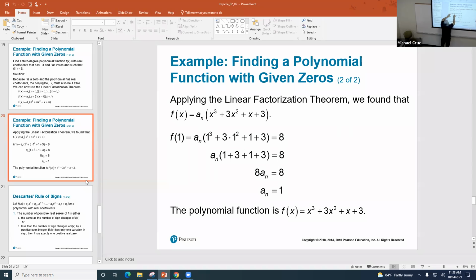So they put 1 in for all the x's, evaluated it, added all that up. That actually comes up to 8 as well. And this is 8 times a to the n. And then they just solve for a to the n. And then that means that the complete polynomial is just, in fact, the only factor was 1. So we'll do one that's got another number.